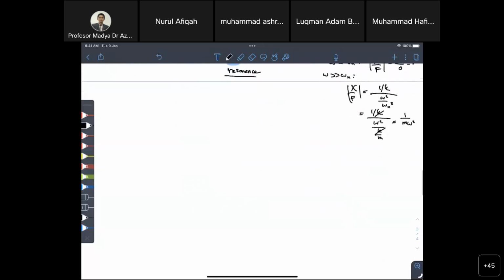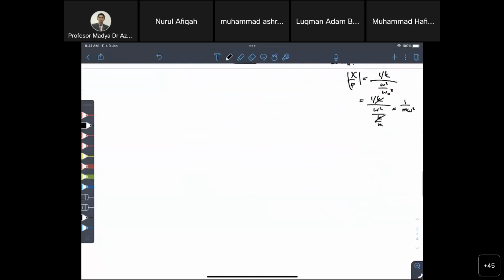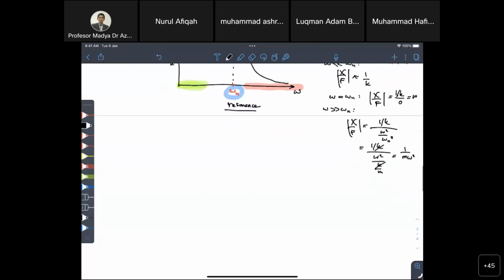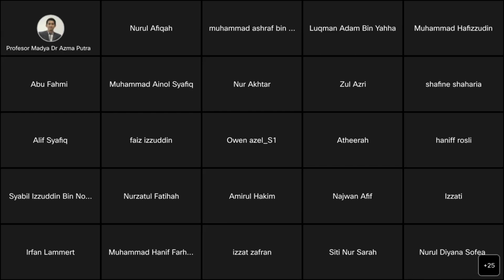In the activity, you have to solve that activity. So let's see the first activity: undamped pulse vibration.